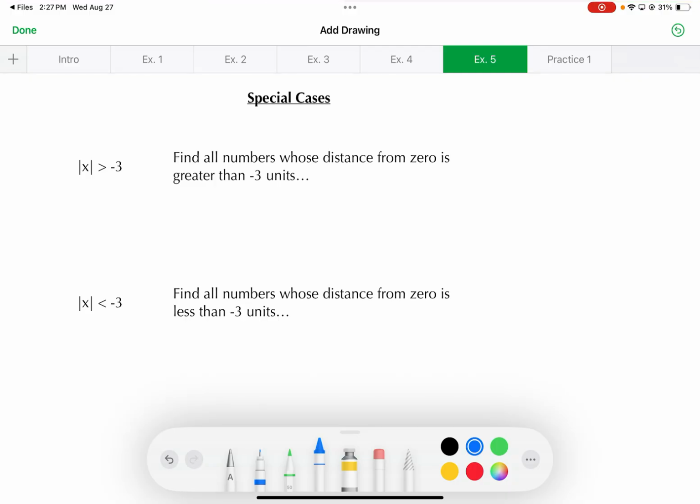That would be all real numbers, wouldn't it? Every number in the entire number system is going to have a distance that's greater than a negative, right? So that's a simple one to solve.